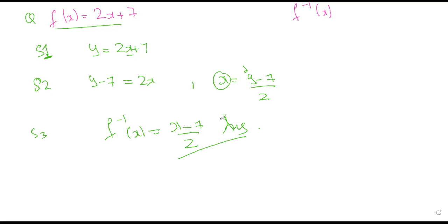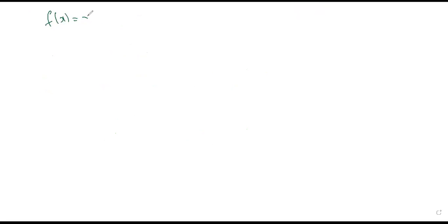Good. Okay. Then I have a question for you guys, and then that's it. What if f of x is x cubed plus 4? Tell me the value of f inverse of 12. Yeah, this is the question.